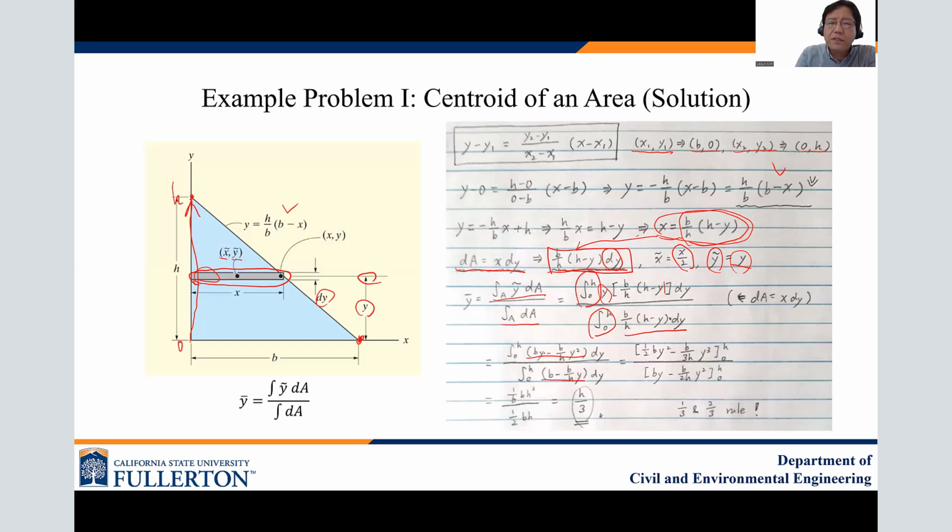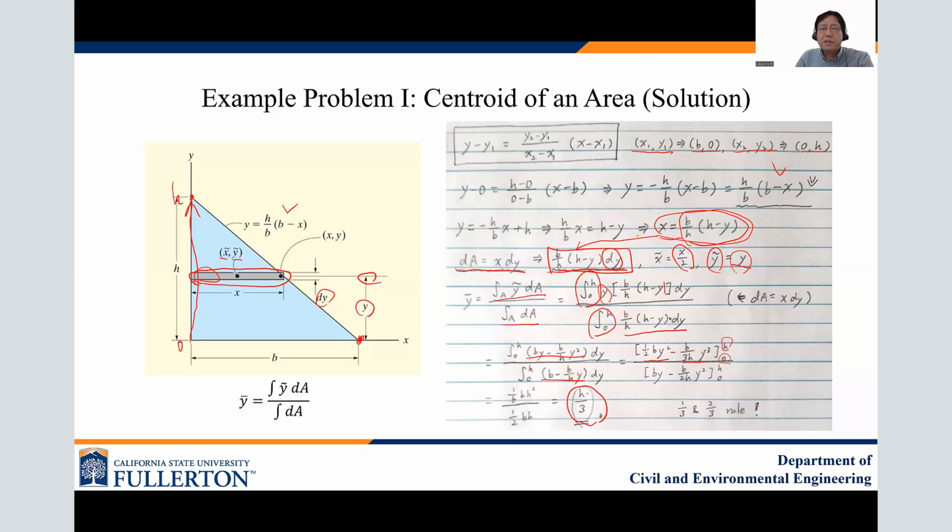For example, the integration is h y over 2 squared, and then b over h times y squared, there's b over 3h and the y cubed, from 0 to h. So you just plug in this one, and then you will get h over 3.